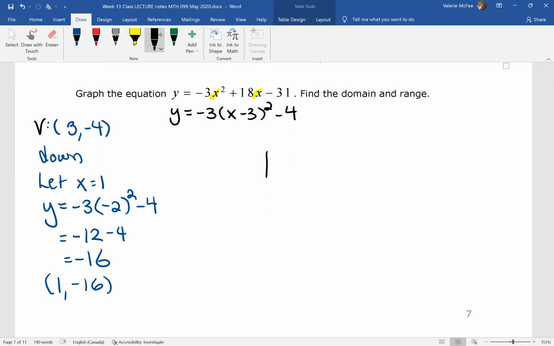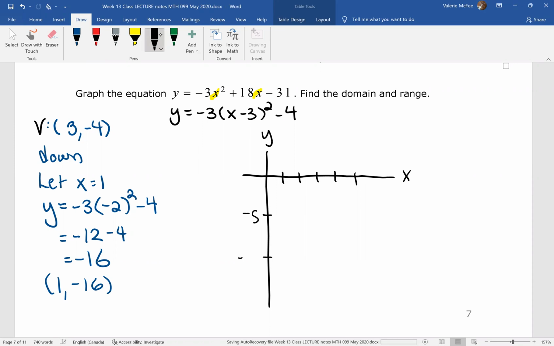So we want to graph this here. I'm going to go by 5s, I think. So my vertex at 3, -4, and another point at 1, oops, I was going by 5s and I put a 16.